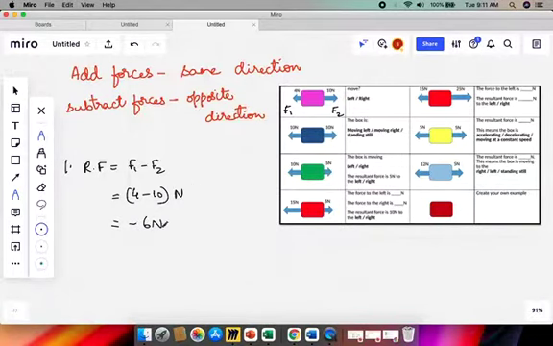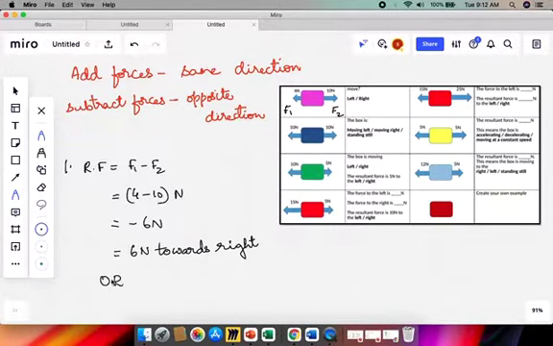It can also be interpreted as 6 Newton is the resultant force, which is in the opposite direction of F1, that is the 4 Newton force. This can also be written as 6 Newton towards right. Both are correct.